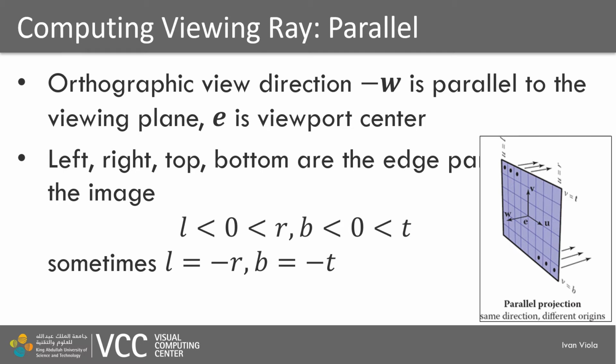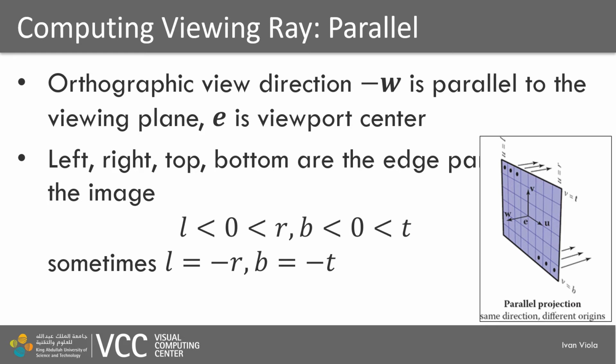So first, let's have a look at the parallel projection, where we have our viewing direction. Let's say this viewing direction is defined through the normal of the viewing plane, so the viewing direction is minus w in our coordinate system, and then we have the eye point.